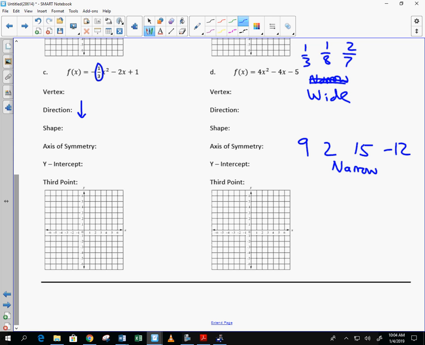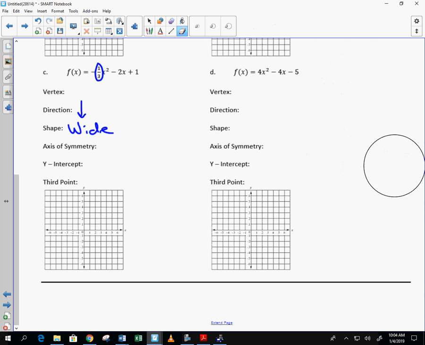So if it's a big number, it makes narrow. If it's a number smaller than 1, it makes it wide. So this is a wide shape. If it's just 1 or -1, we say it's just normal.